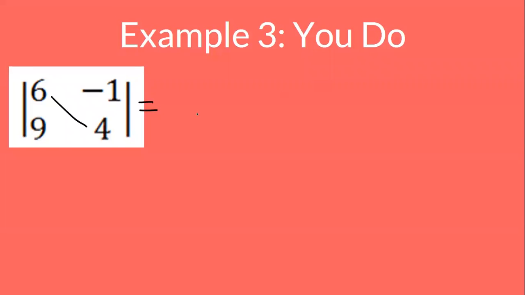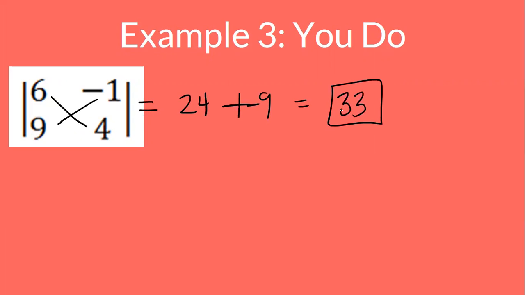So cross product minus cross product. A negative times a negative is a positive. How do you feel about 2 by 2s? Easy breezy, lemon squeezy, right?